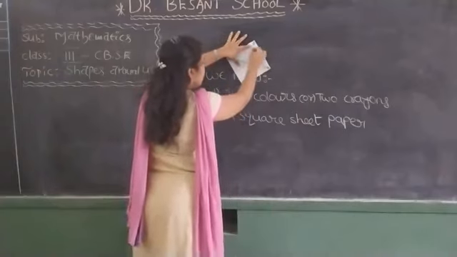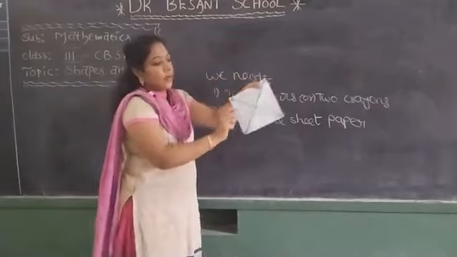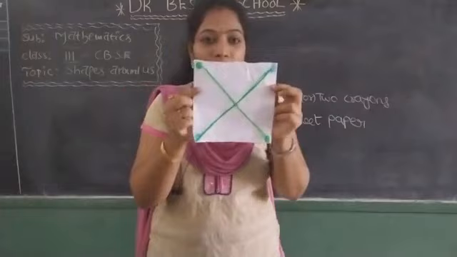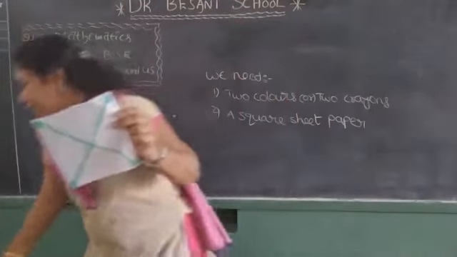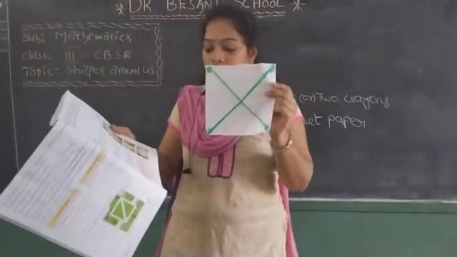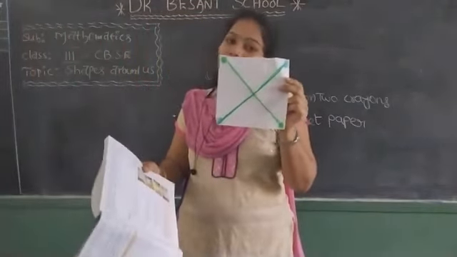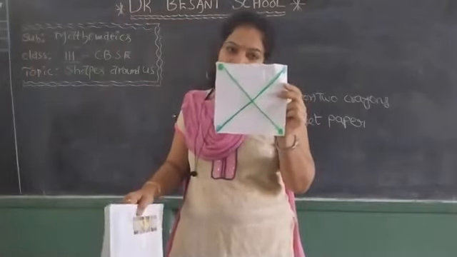This is one line formed and this is another line formed. That is step 3: join the other two opposite corners and draw a line on the crease. I already drew the two lines.